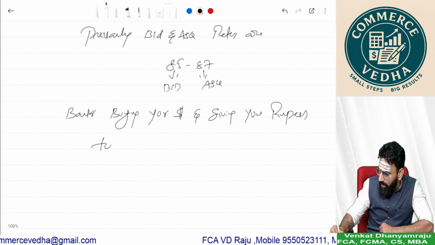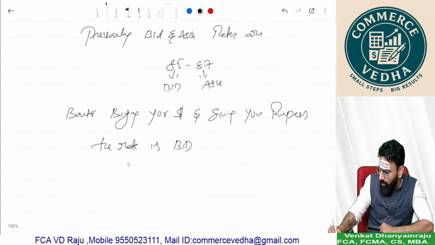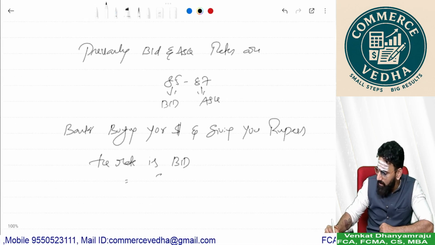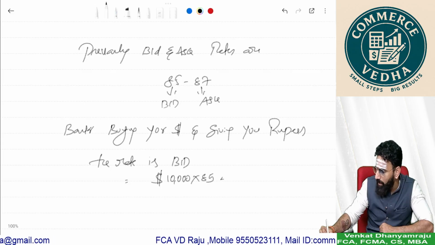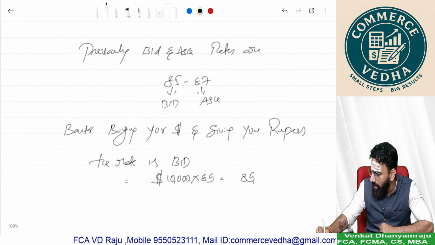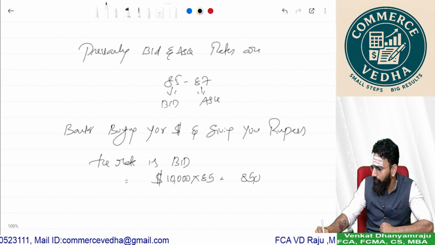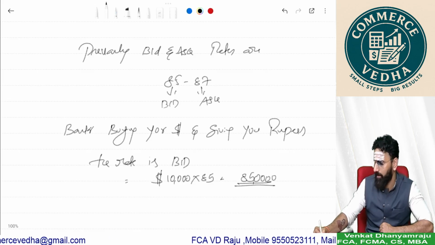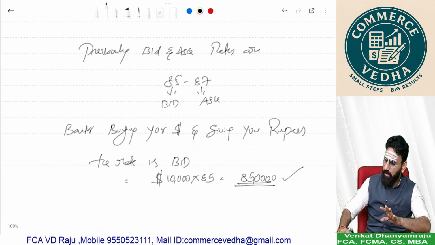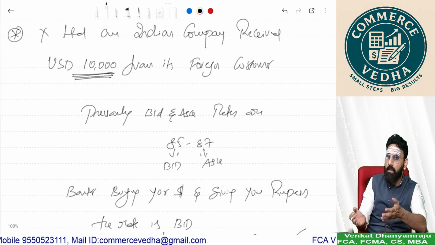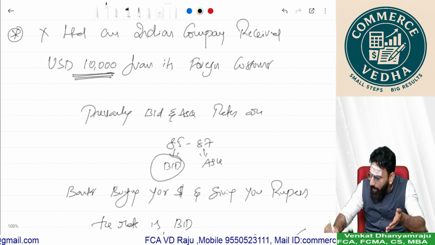So the rate is bid. Hence, how much will you get? If you give $10,000 to the banker, the banker will pay you 85 rupees each and you will get 8,50,000 INR. Clear? You are the seller. The banker is the buyer. The appropriate rate is bid.